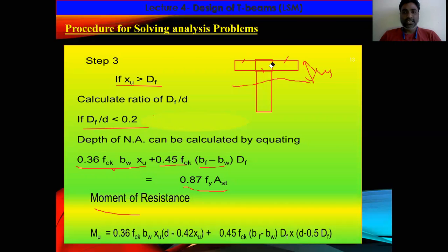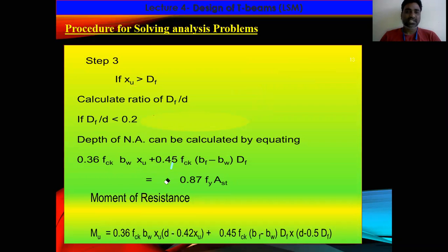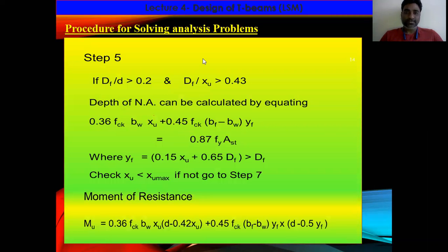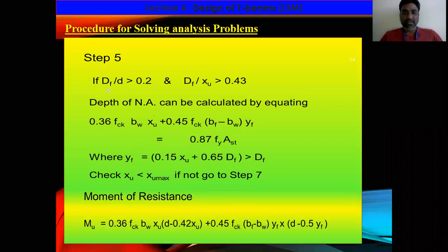And the next case is if the depth of neutral axis is within the web, and DF by D is greater than 0.2. What does it represent?